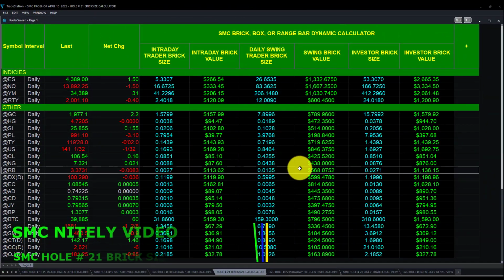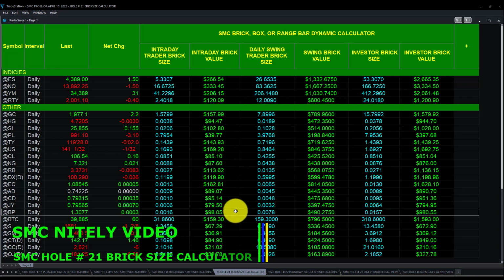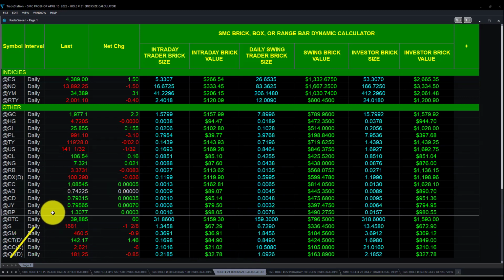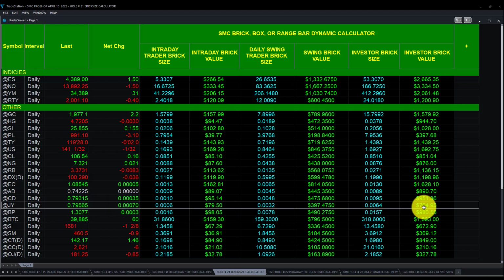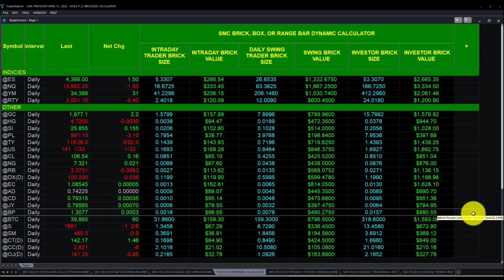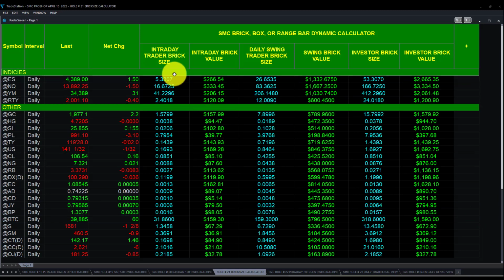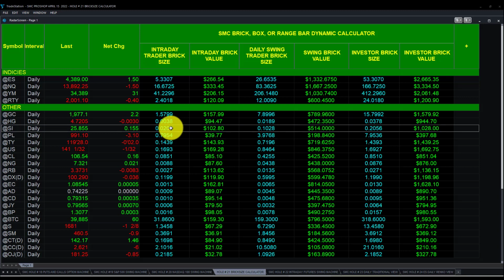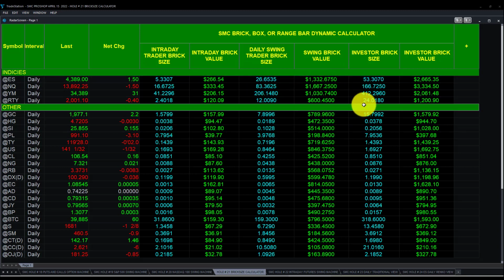Now, if you are trading any of these markets, particularly futures, and you are using highly specialized charts, Renkos, point and figure, and you are trying to mimic what an intraday trader would need to use, or a daily trader or an investor, and you're trying to gauge what the brick size should be, we use something called the SMC brick, box, or range bar dynamic calculator.